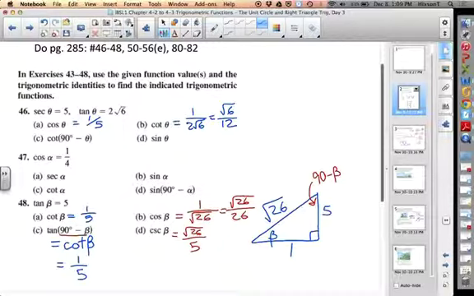Since we know tangent and now we know cosine, sine over cosine equals tangent, right? Yeah.